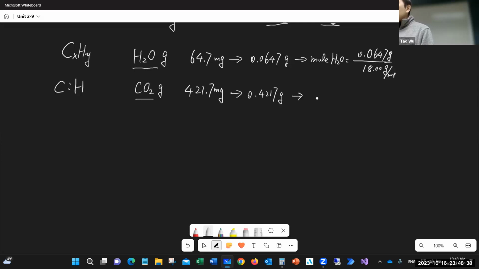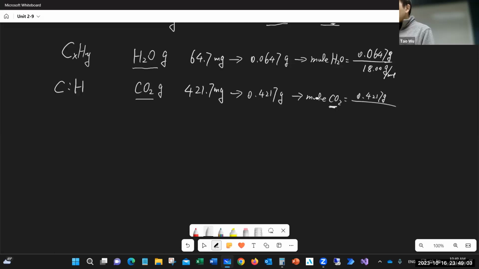And this one is the same thing. You try to find a mole of CO2. Then that's going to be 0.4217 gram divided by molar mass of CO2. Okay, because we're looking for CO2, so don't divide by 12 to get carbon, because this is the mass of the CO2.